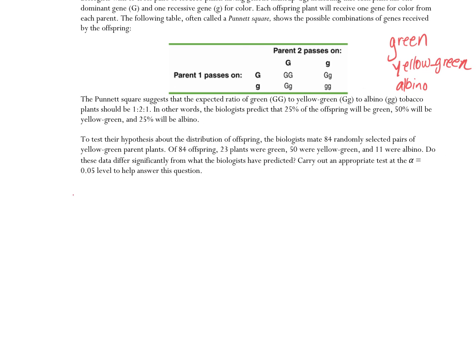So I might look at this and say my null hypothesis is that the proportion of green, PG, should be 0.25. I'm going to use PY to represent yellow-green, and that should be 50%, and PA should equal 0.25.